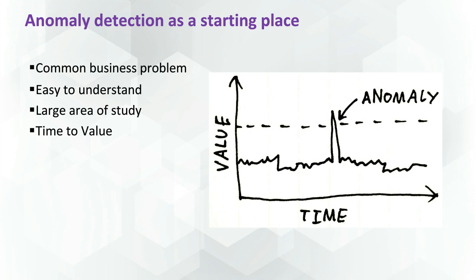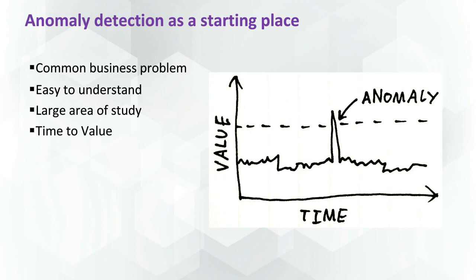The other nice part is that anomaly detection is a really, really large field of study. You can do everything from very simple statistics all the way to advanced ML and AI models to do prediction on top of time series data. So I like it because no matter where or how mature you are as an organization with your data science capabilities, there's something for everyone there.